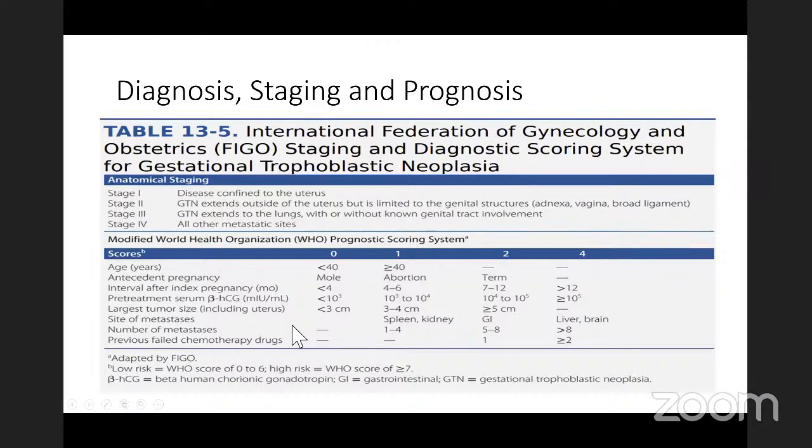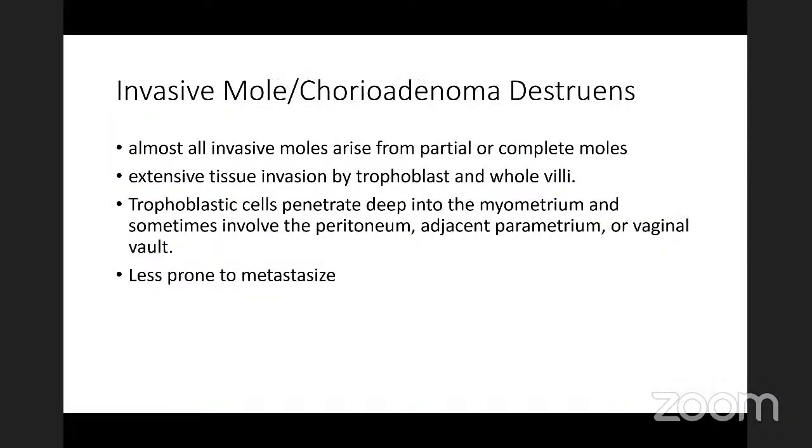Okay. So what is invasive mole and chorioadenoma destruens? These are almost all invasive moles which arise from partial and complete moles. There's extensive tissue invasion by trophoblast and whole villi.